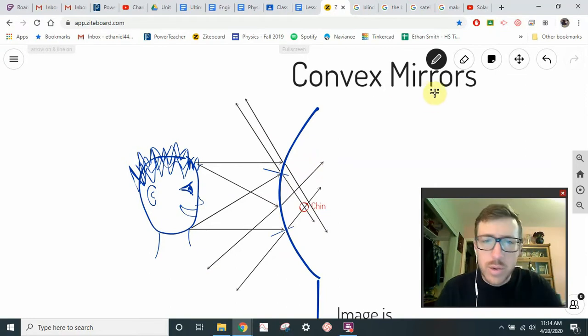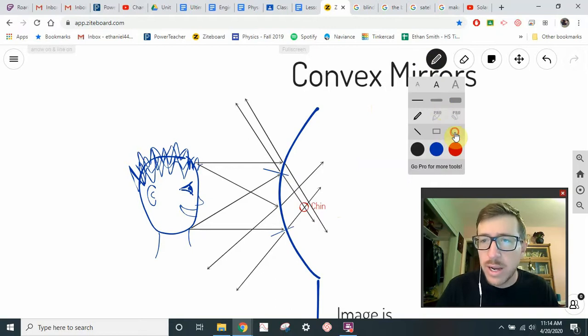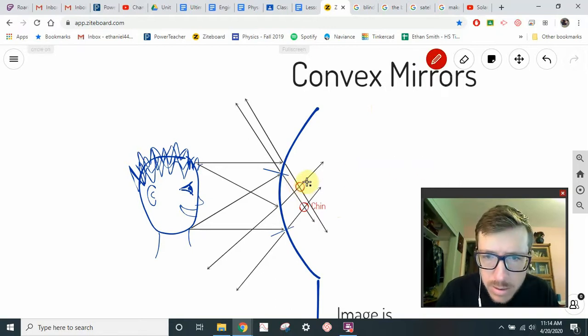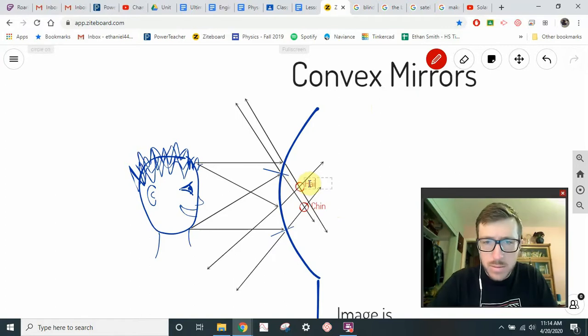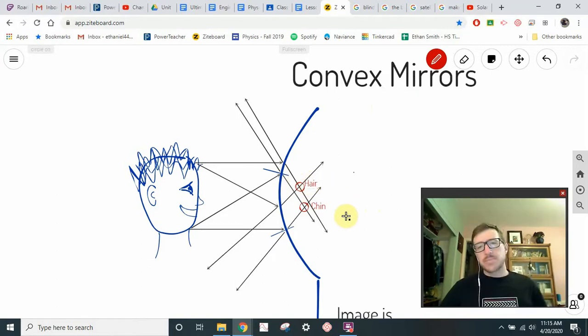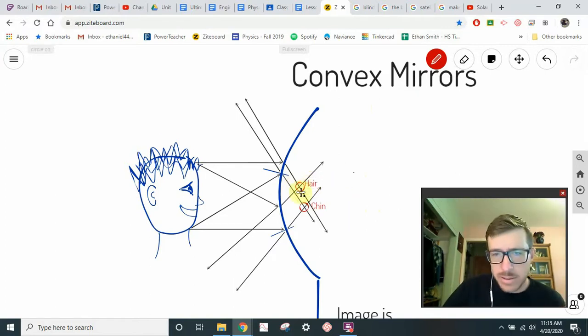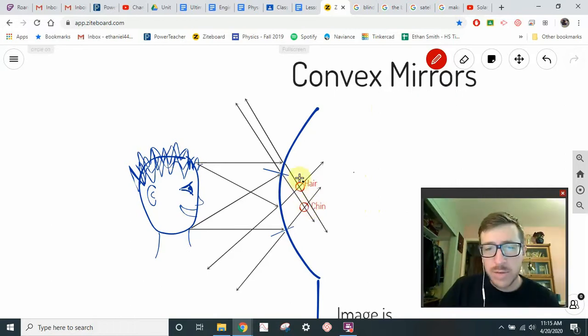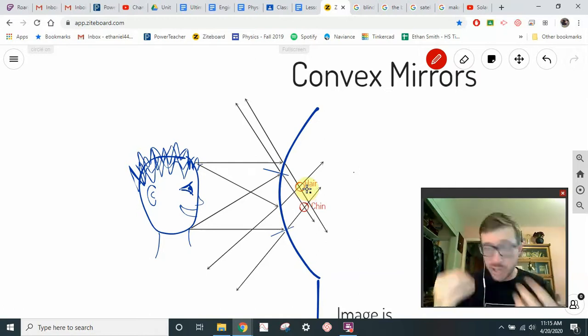And so my brain thinks that my hairline is going to be right about here. So this would be my hair. If this is my hair and this is my chin, my face has been shrunk. So all of a sudden it's smaller, but it's still right side up. My hair is still above my chin.